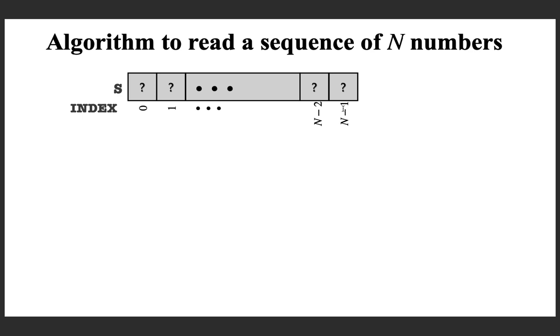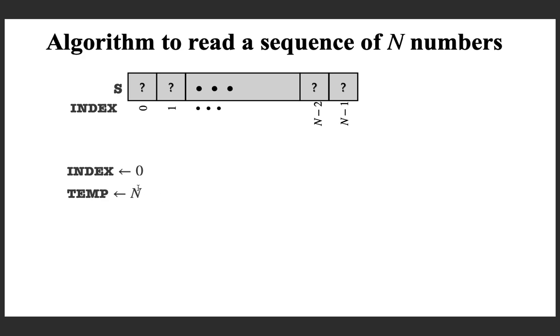So we have to read n numbers and store them in these positions. How can you do it? Maybe we can initialize the index as 0. To start with, you can read the first number into index 0.